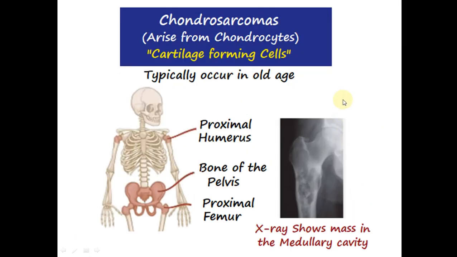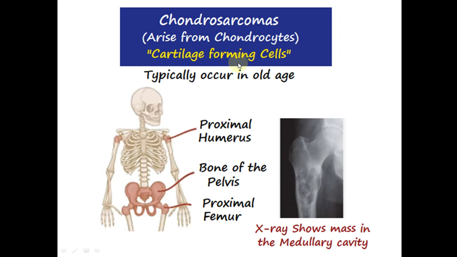The third malignant tumor is known as the chondrosarcoma. As its name indicates, the chondrosarcomas arise from the chondrocytes. We know that the chondrocytes are formed by the chondroblasts in the cartilage. And therefore we say that the chondrosarcomas are cartilage forming bone tumors.